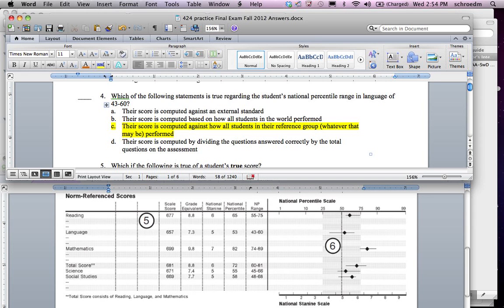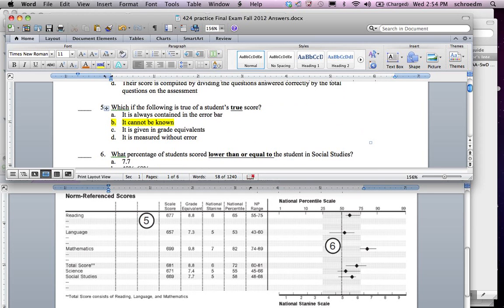Because it's a national percentile, I know it's a norm reference score. The only one that's true here is that it's not really computed against an external standard. I don't have a norm group of all the students in the world. I'm comparing them to other 7th graders. And so the score is computed against how all students in their reference group, whatever that may be, are performing or have performed. If you have any questions on any of this stuff, feel free to email me.